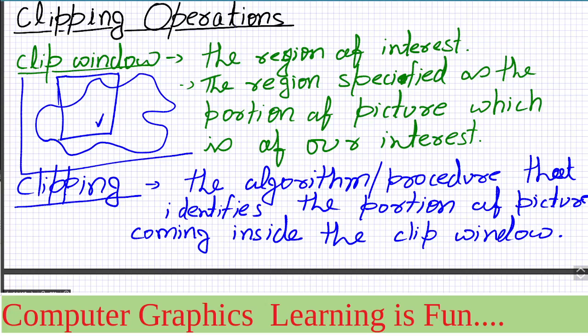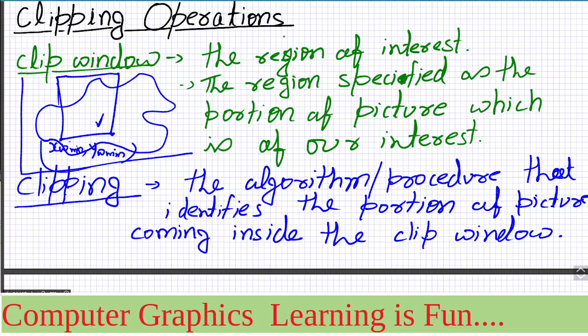I believe this position will have minimum x as well as minimum y. So let me write it as x window minimum as well as y window minimum, and similarly this position will also have x maximum and y minimum.